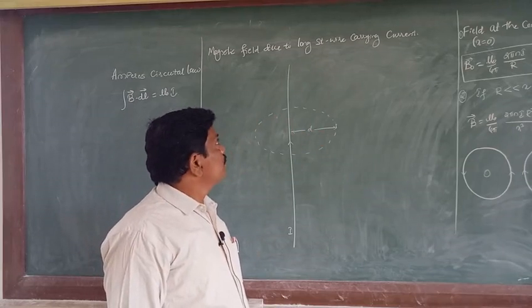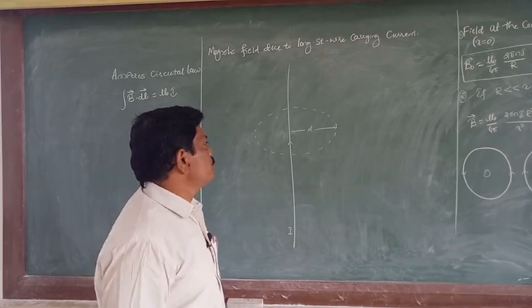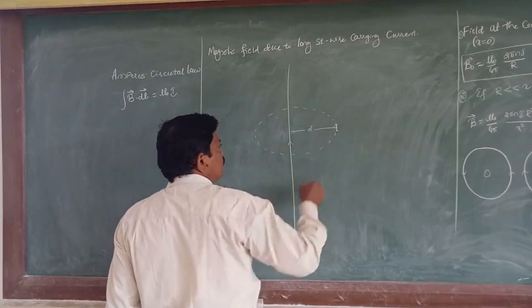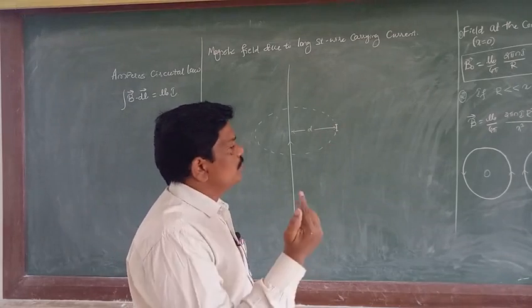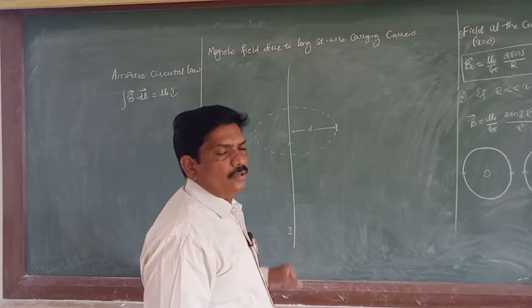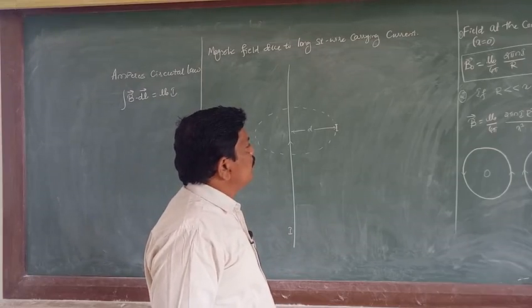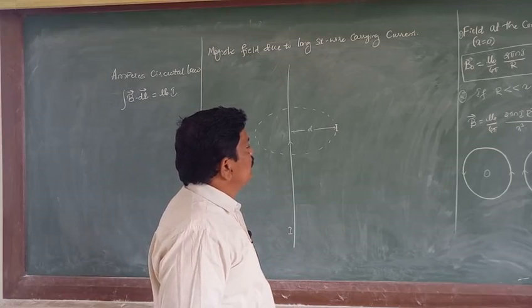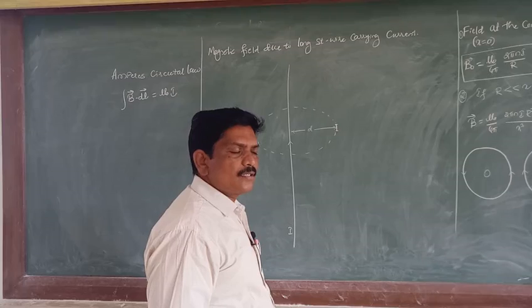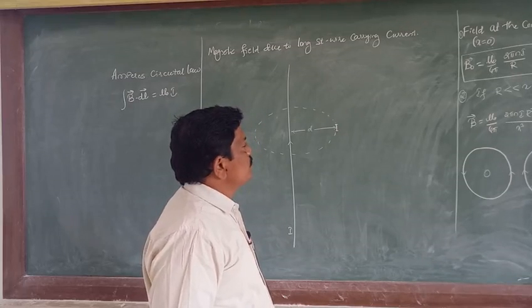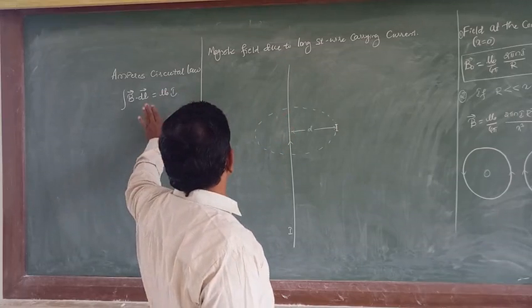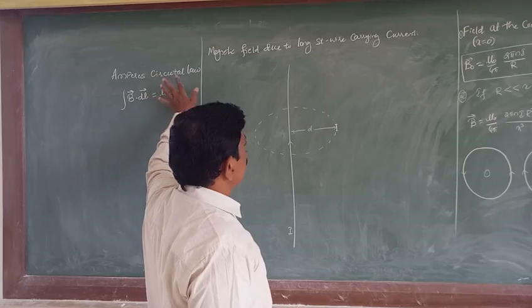And now you have to choose a small length dl on this closed loop. Okay, the angle between dl and B is the same, meaning 0. So hence to find the field you have to use Ampere's circuital law.